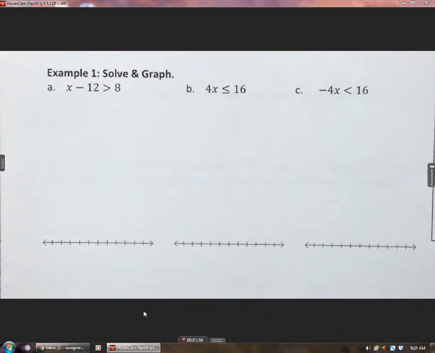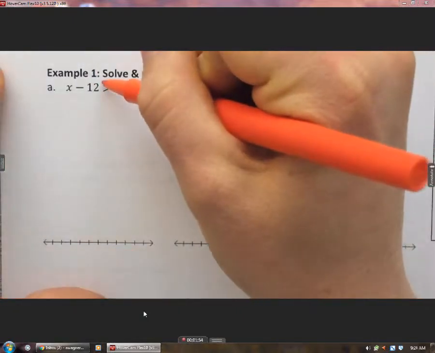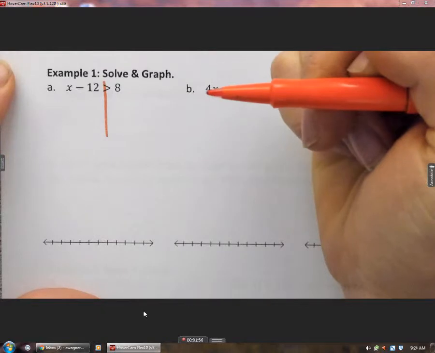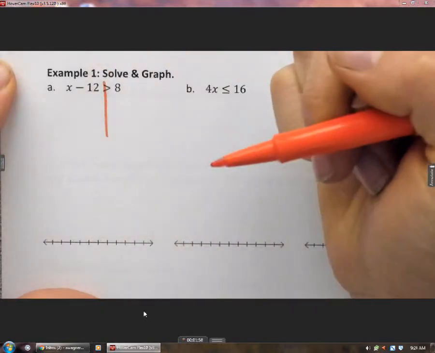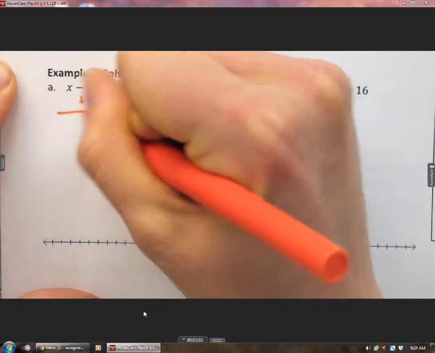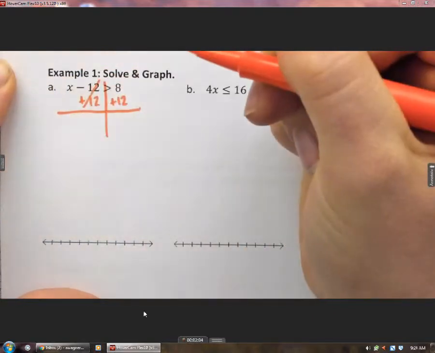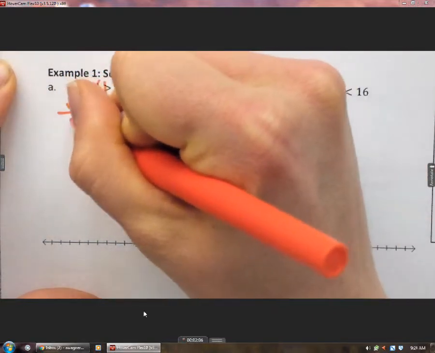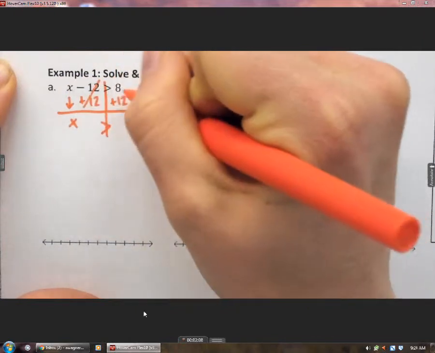Okay, so we first are going to pretend like this is an equal sign and draw our line down the middle. How do you get x by itself? Add 12. So I would get x is still greater than, what's 8 plus 12?